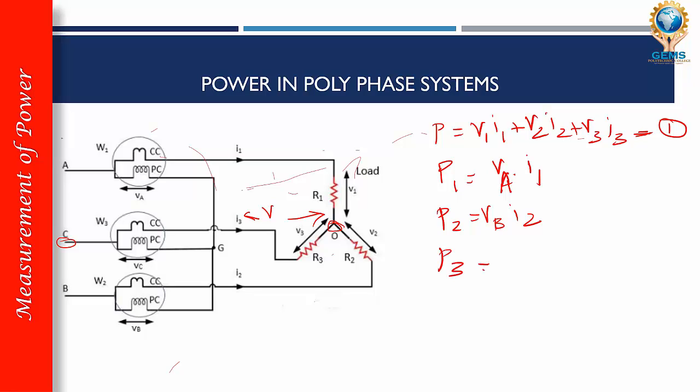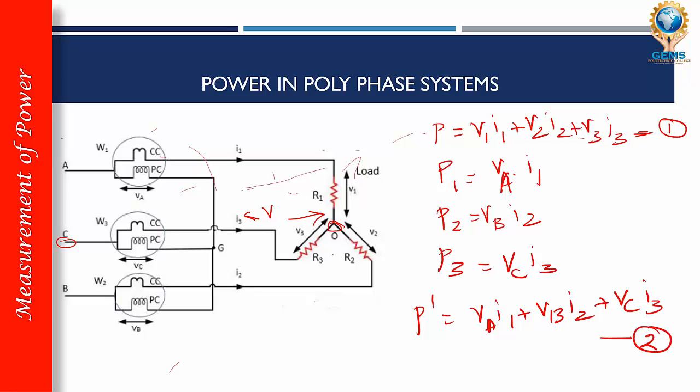P3 is equal to the voltage across wattmeter 3 and the current flowing through wattmeter 3, so VC into I3. So the total power from the wattmeters, which I'll call P dash, is VA I1 plus VB I2 plus VC I3. I keep this as equation 2.